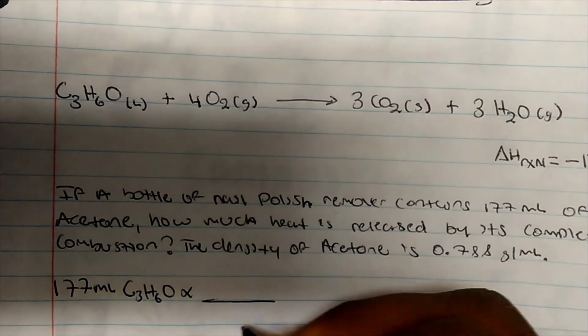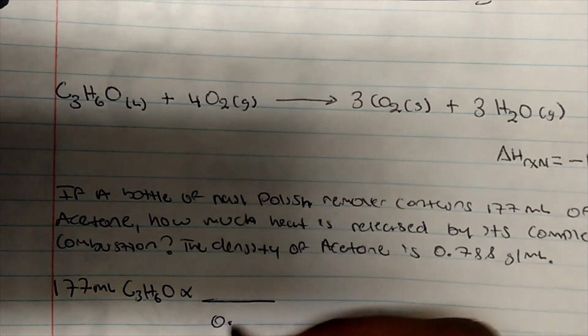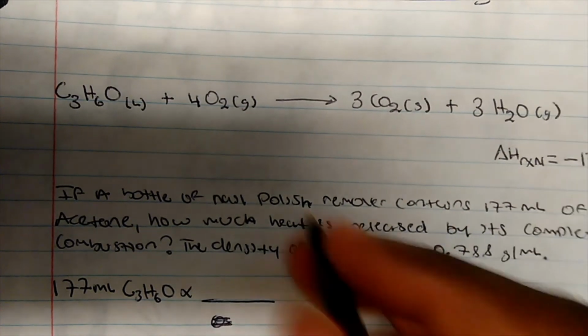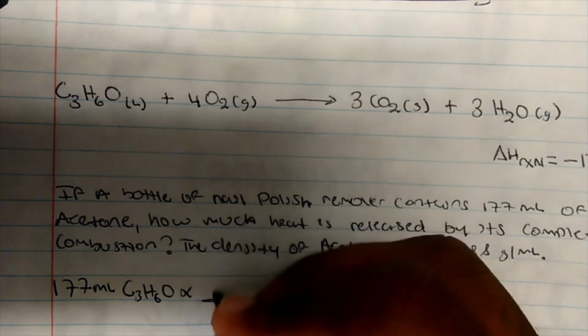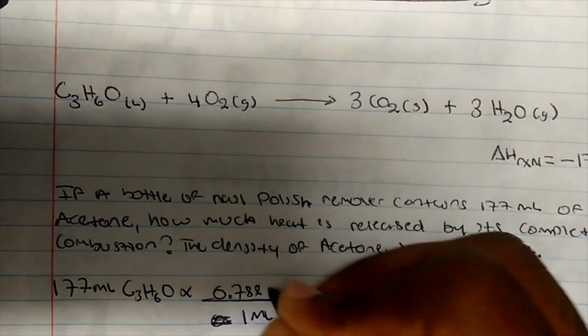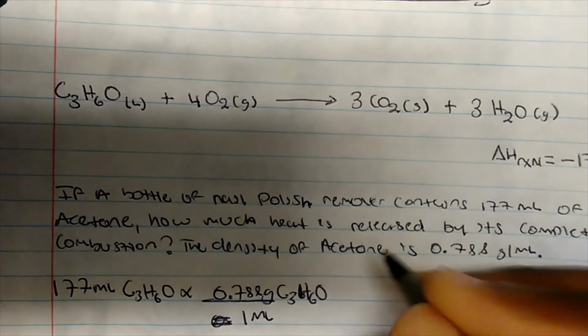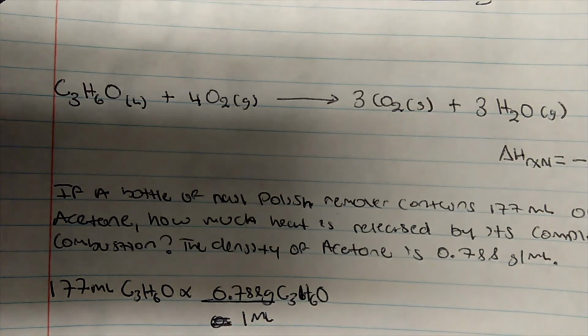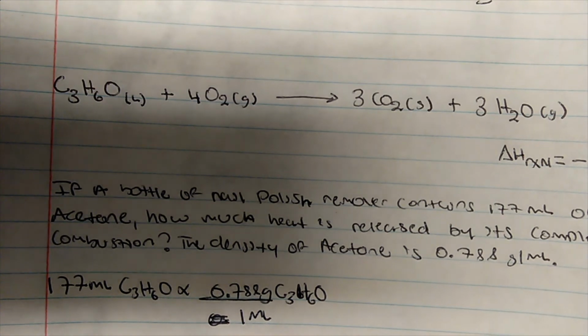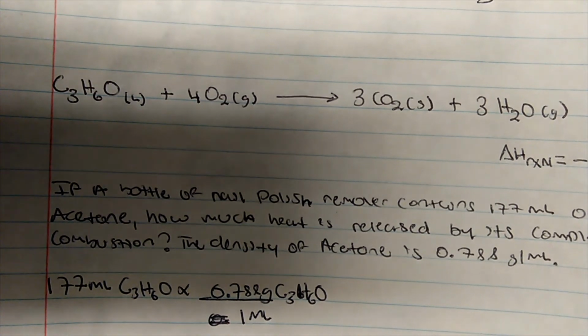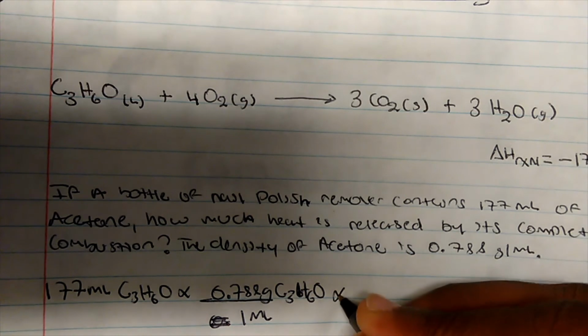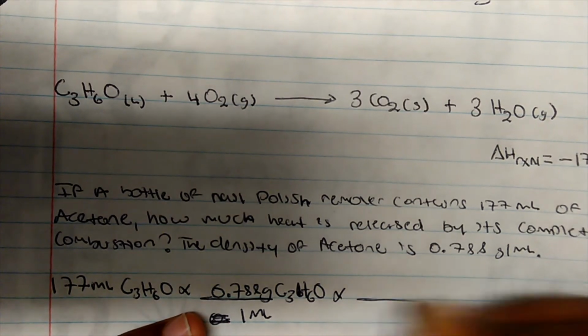The density says for every 1 milliliter, I have approximately 0.788 grams of acetone, C3H6O. So I have this amount of acetone in grams. And so what else do I need to do?